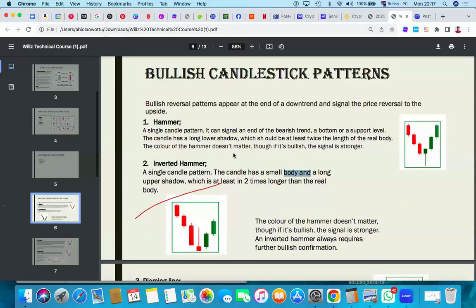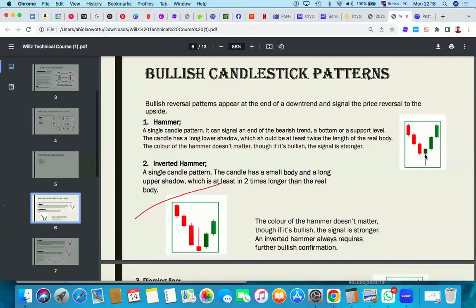The color of the hammer doesn't matter, though if it's bullish, the signal is stronger. In this case, you see it's bullish because it's green. But if it's red, it's bearish, so it makes the signal a little less strong. Since it's bullish like this, it makes the signal even stronger.